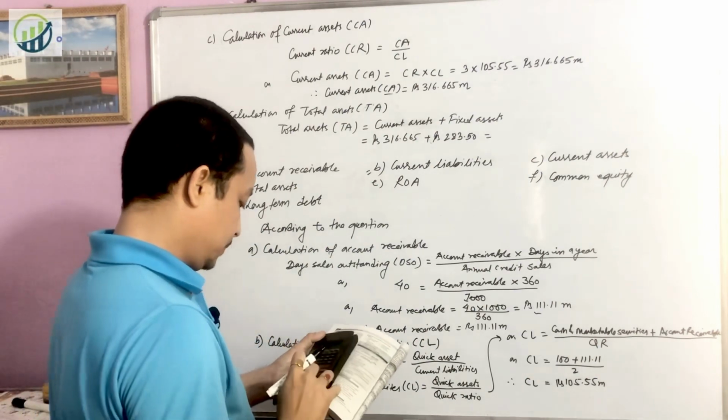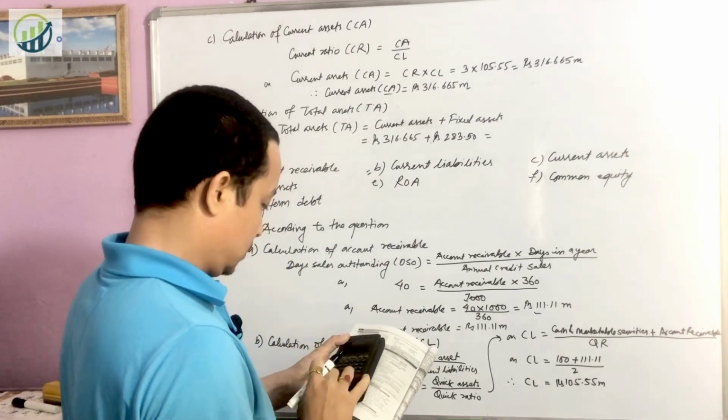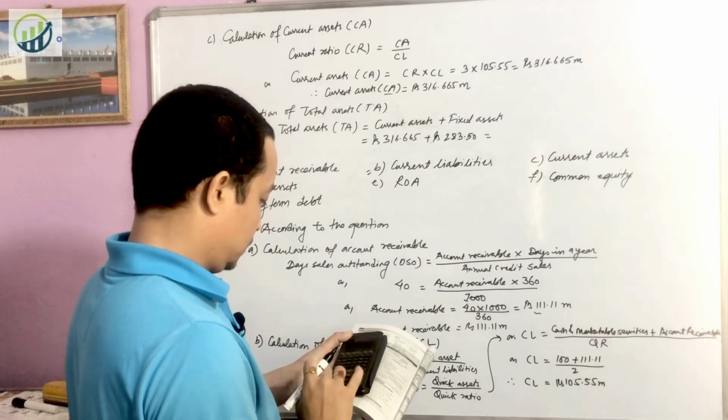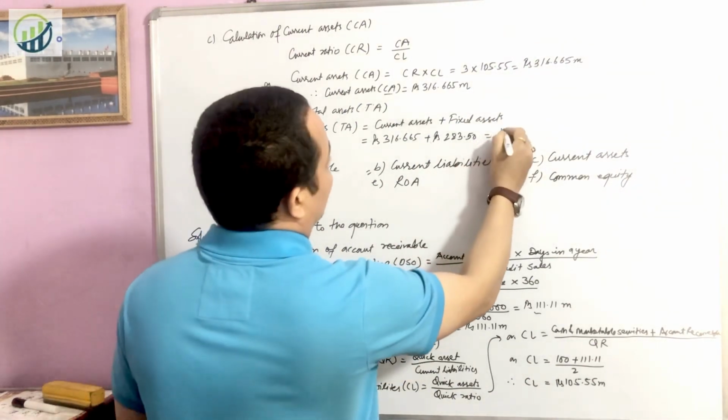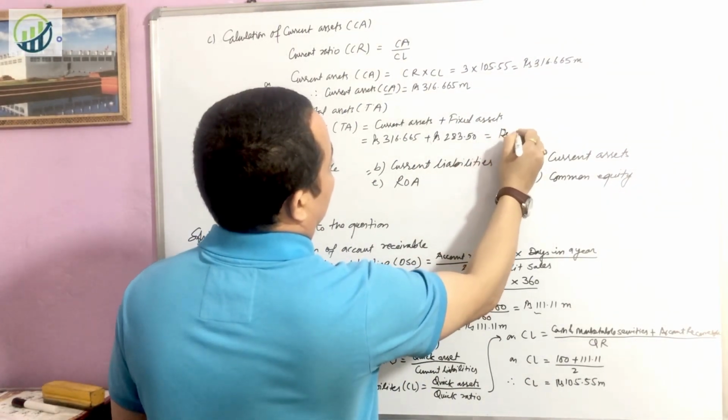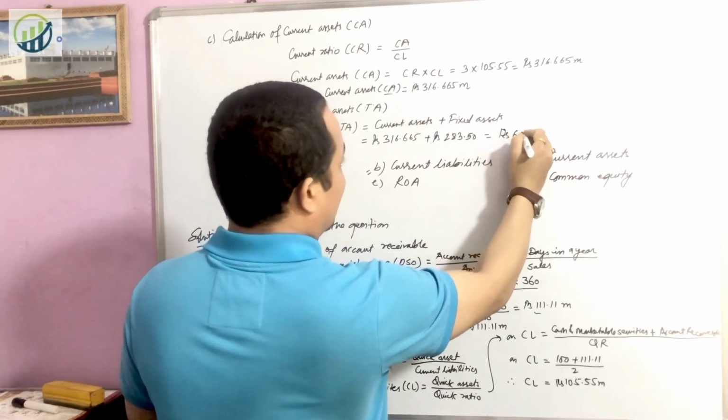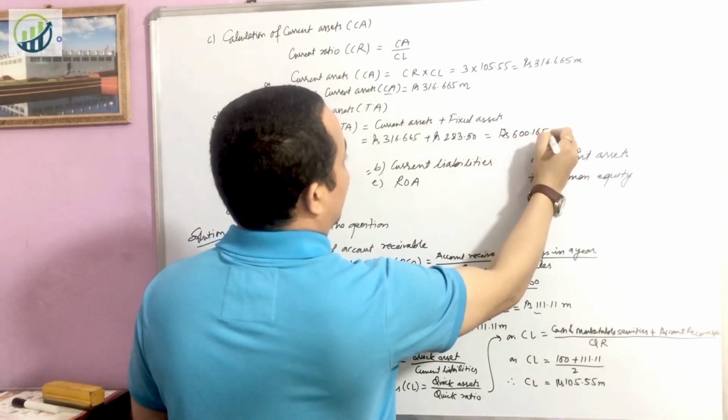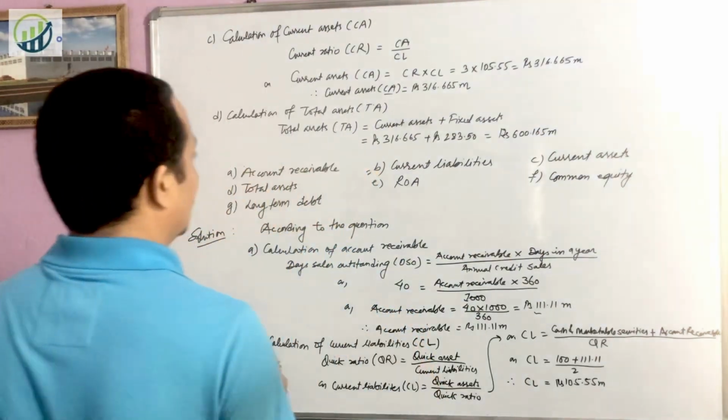Now just add this. That is rupees 600.165 million, the total asset.